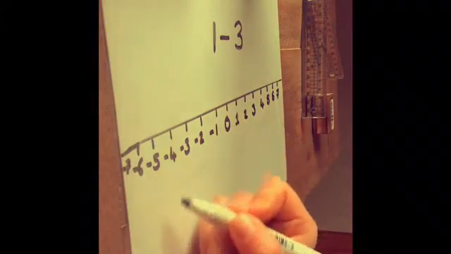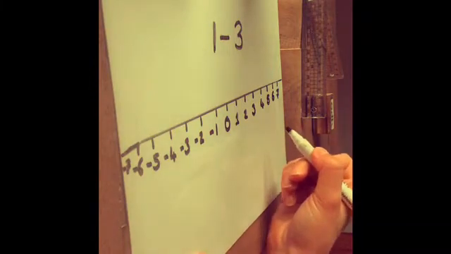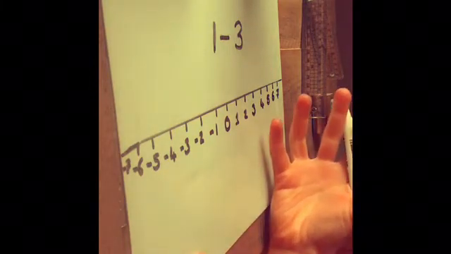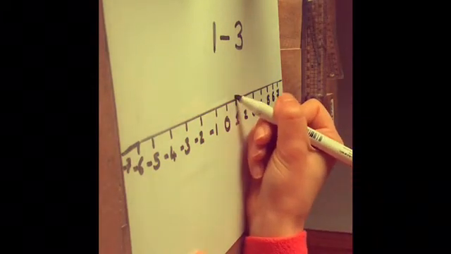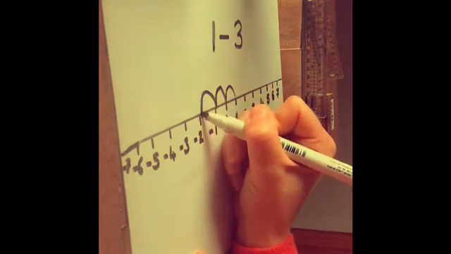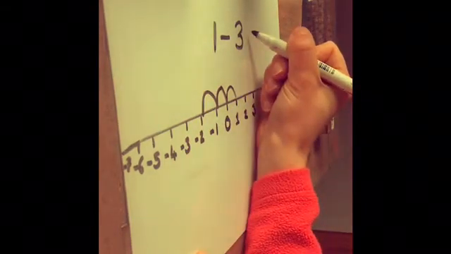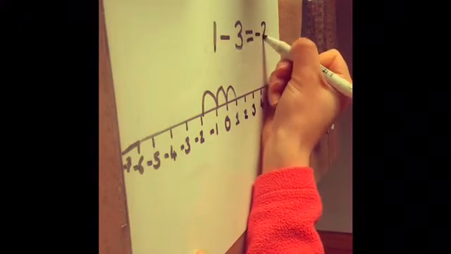So subtraction is decreasing, the numbers are decreasing, and addition, the numbers are going forward, they're increasing. So 1 subtract 3, so 1 jump, 2 jump, 3 jumps. So 1 take away 3 would leave us at -2.